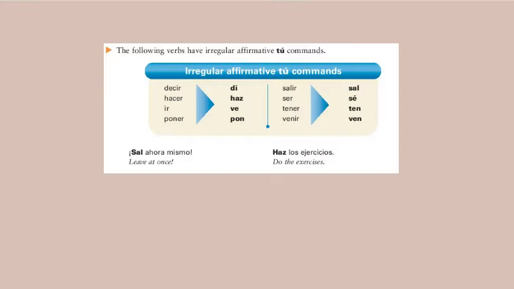But there are also many irregular, or rather 8 irregular affirmative tú commands. For el verbo decir, di. Hacer, haz. Ir, ve. Poner, pon. Salir, sal. Ser, sé. Tener, ten. Venir, ven.